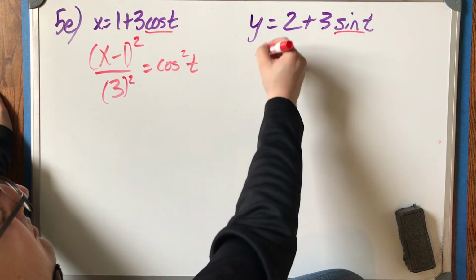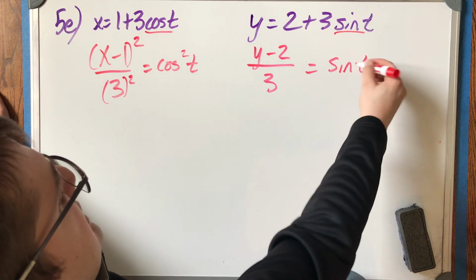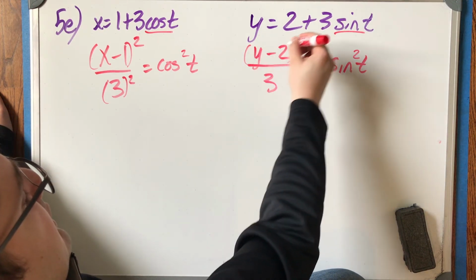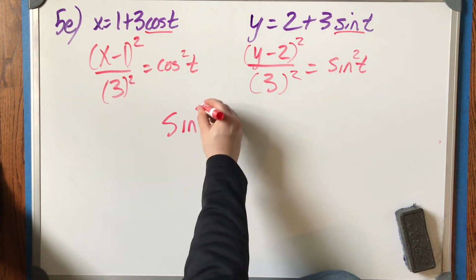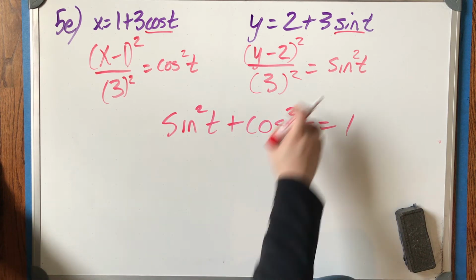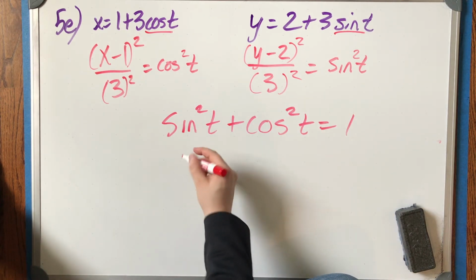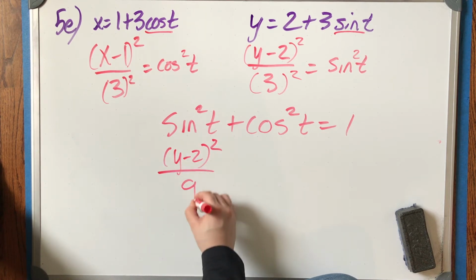Same exact thing over here. I'm going to do (y minus 2) all over 3 equals sine of t, and then I will square everything. So now that I've squared everything, I can substitute these into this lovely equation right here. Sine is going to give me these things right here, so I will have (y minus 2) squared all over 9.